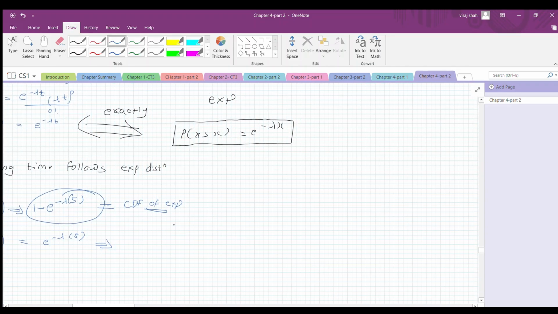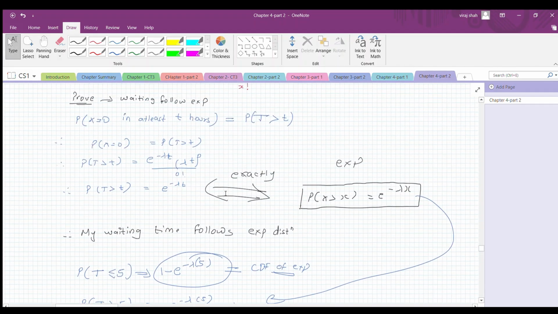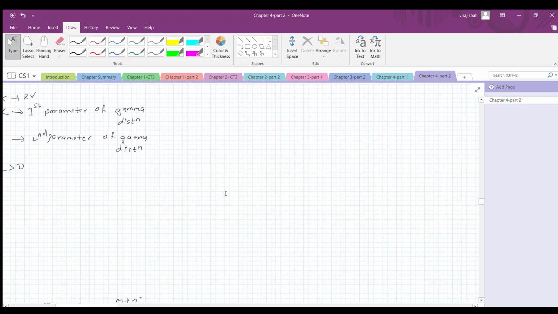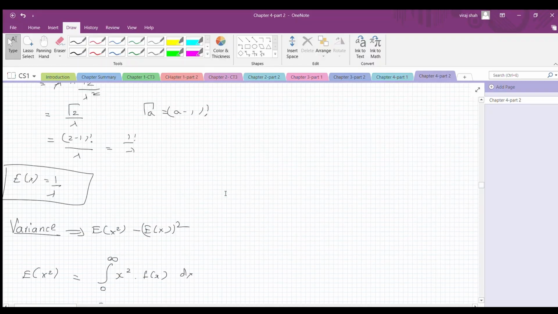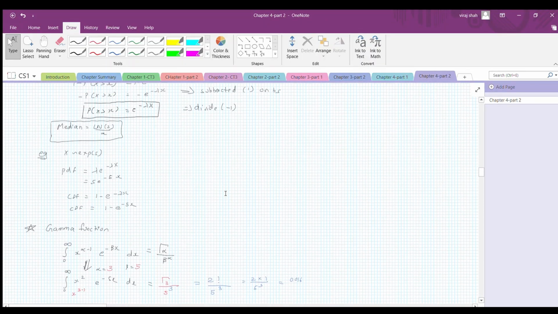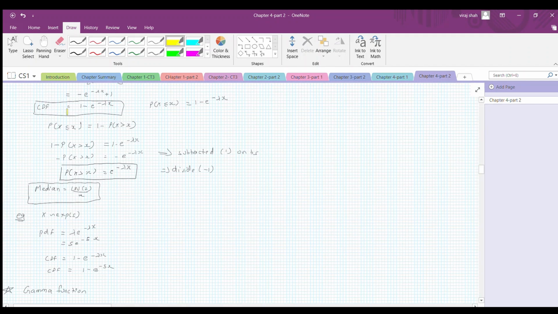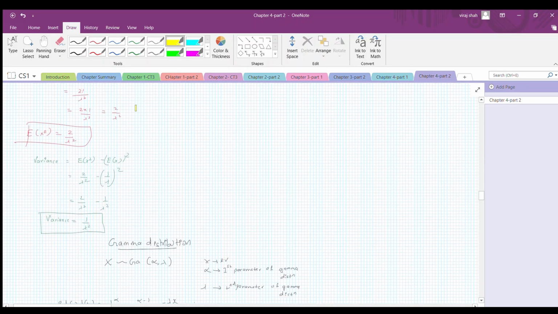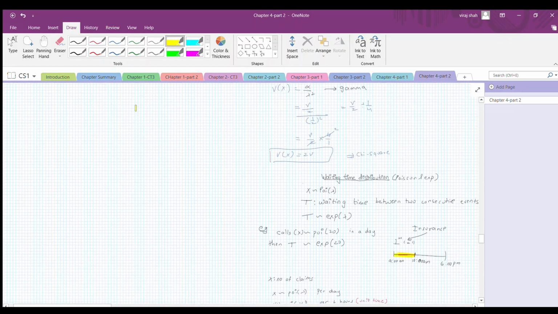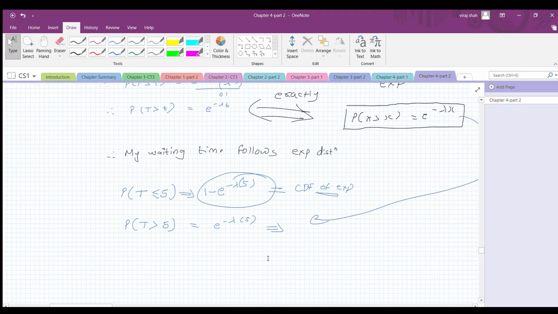And let me show you the CDF, that it's exactly the same as what I just wrote. Okay, see here. CDF is this only. So basically, if my waiting time takes at least some hours, then I could use the CDF of exponential.